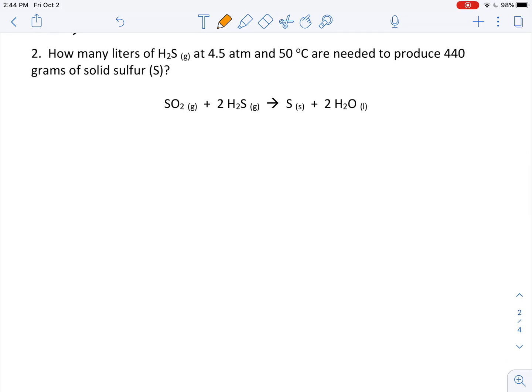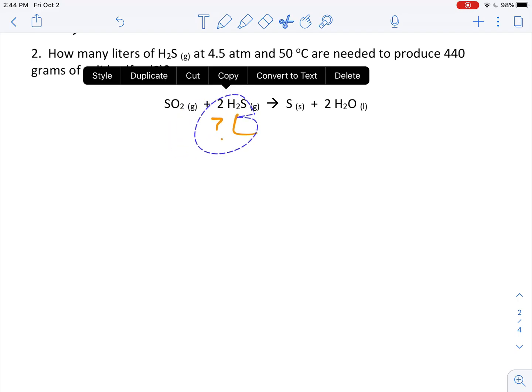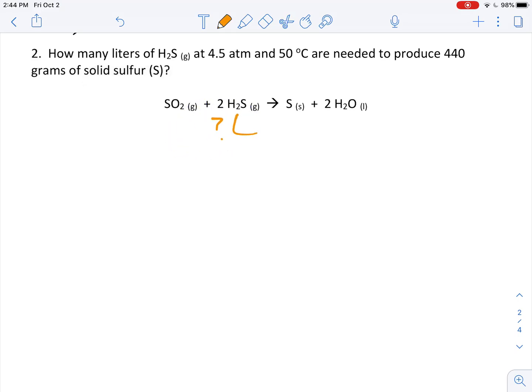All right, so this one says I want to know how many liters of hydrogen sulfide gas. So how many liters of that? And it's being collected at 4.5 atmospheres and 50 degrees Celsius. So I'm going to go ahead and just change that straight to 323 Kelvin.